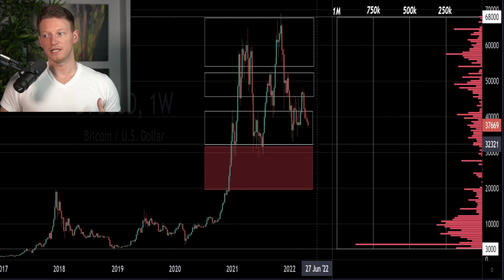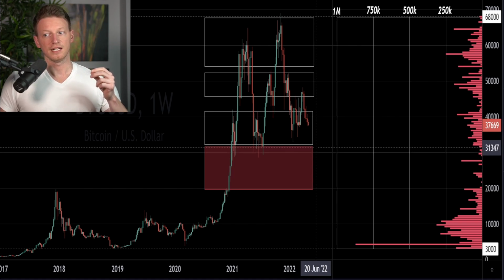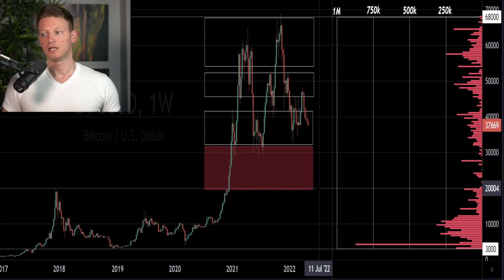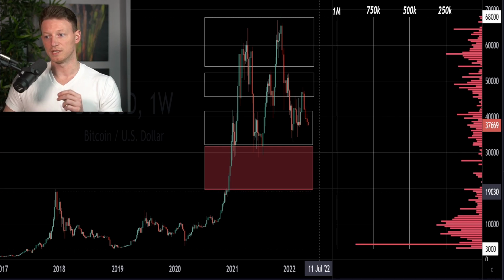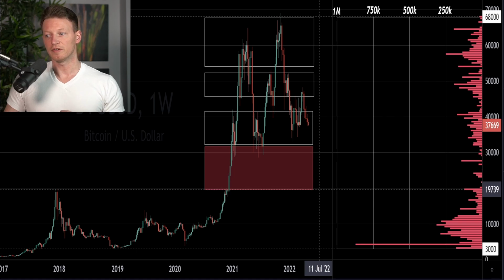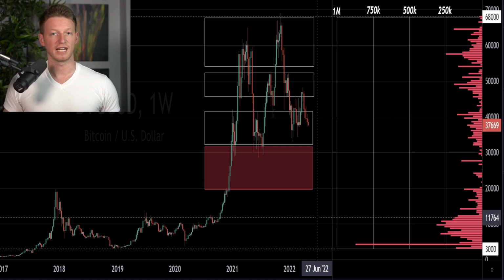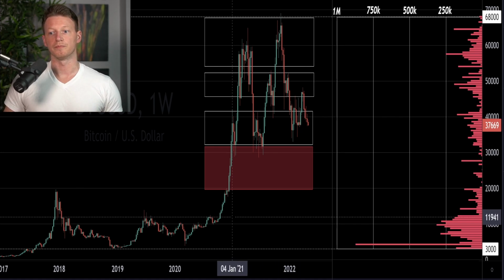We have support down to 32K, but if we start getting below that, and the big time buyers don't feel the market is conducive to taking on additional risk assets, you simply don't have that much support down at 20K. It's not until around 11K that you start seeing large levels of support.